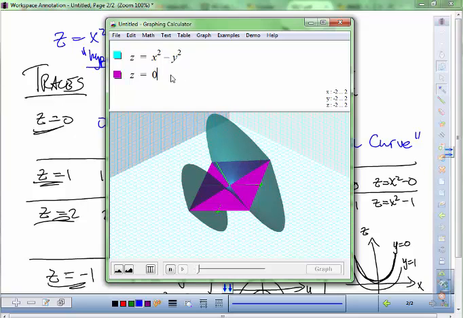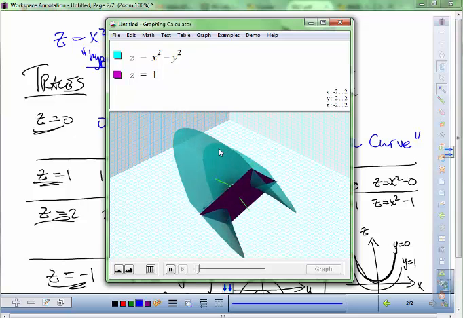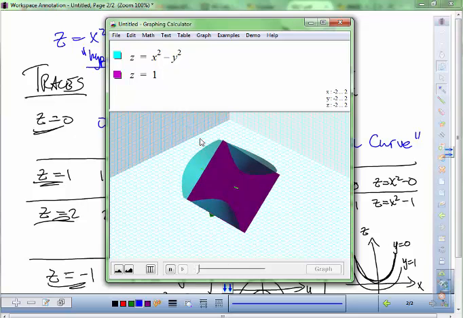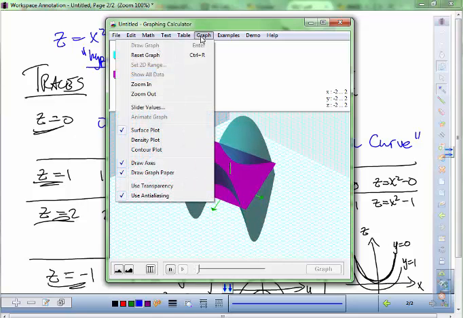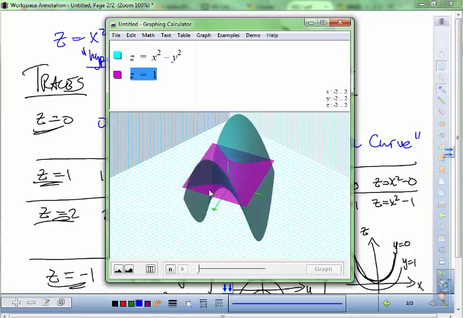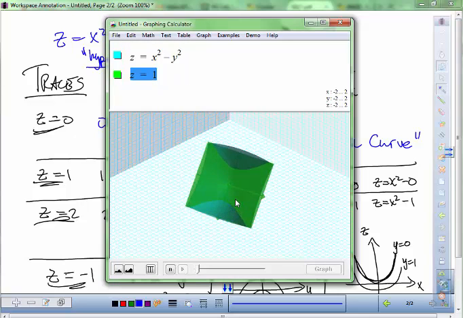Now, if you move up along the z-axis, okay, can you guys see? I don't know if transparency on this will help. You'll see where they intersect are hyperbolas.